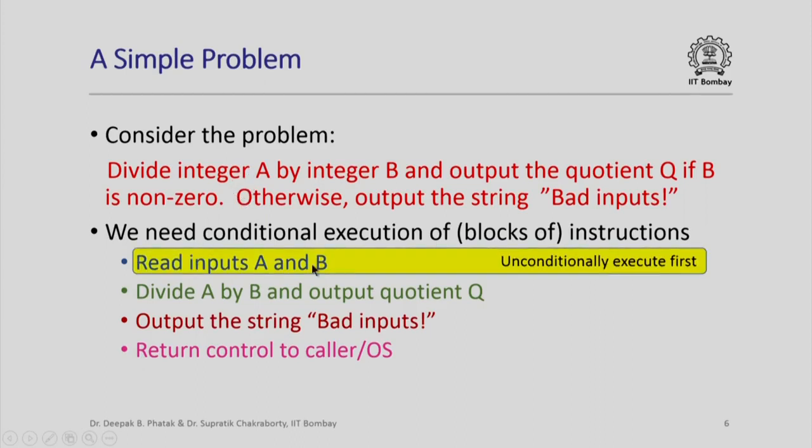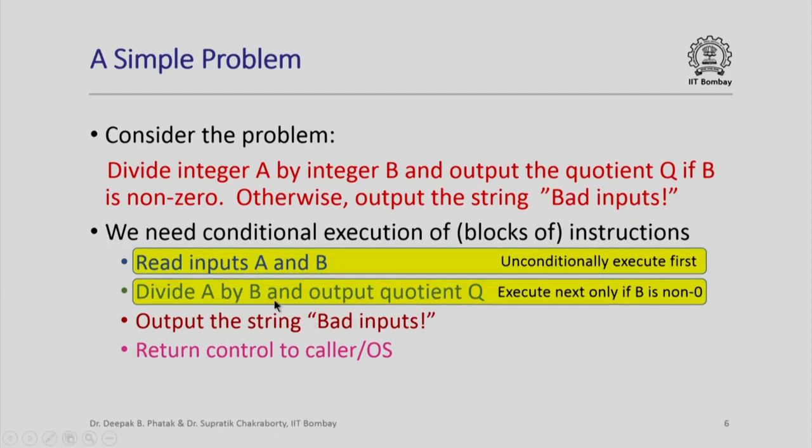Now reading of the inputs a and b must be unconditionally executed, and this must be the first thing that we must be doing. However, dividing a by b and outputting the quotient q should be a conditional execution. We should execute this next after reading a and b only if b is non-zero.